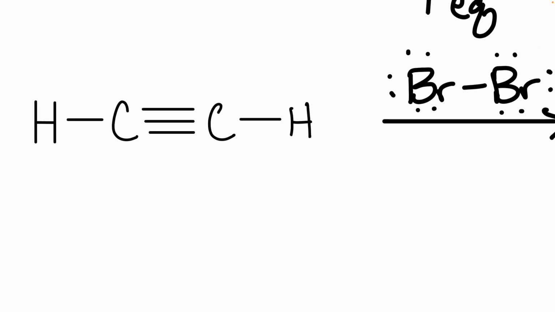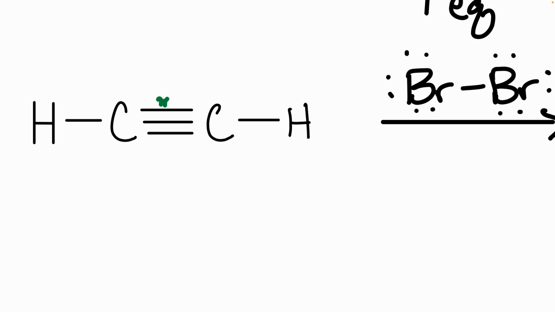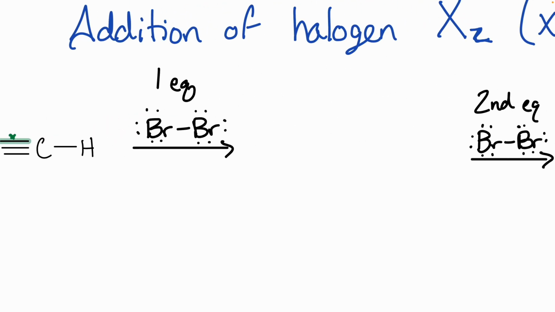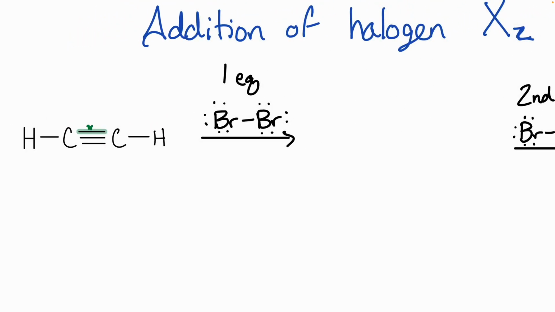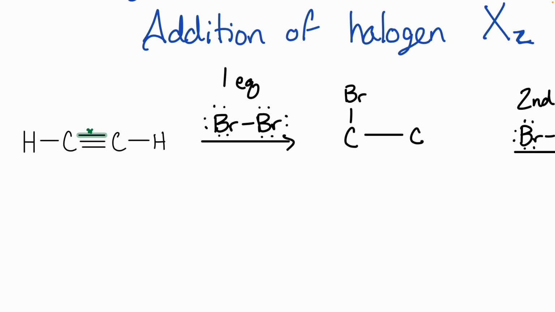Remember our alkynes, we have now two pi bonds. So in this first reaction, one of them will be broken. And I'm going to replace it with a bromine on either side. I'm just still left with one of those pi bonds here.